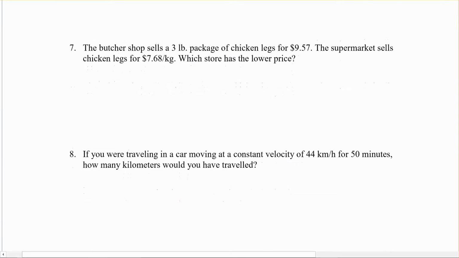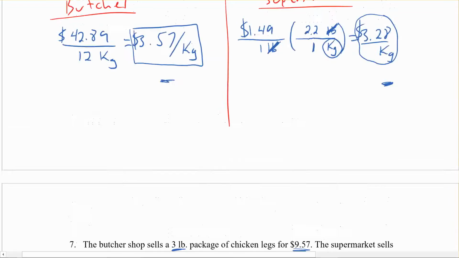All right, moving down. I'm going to let you guys do 7. There are a few ways you can go through these. I could do the first one in pounds and dollars, divide this one by this one to figure out how many dollars it is per pound, and then do like we did on the last question.